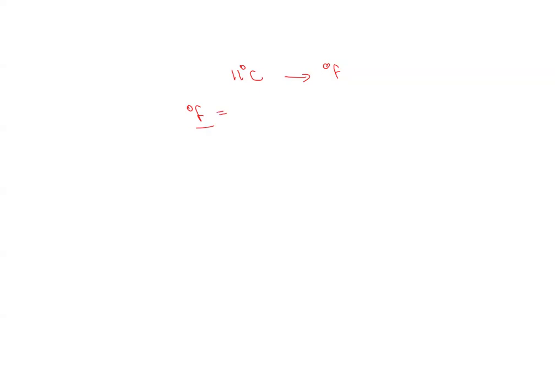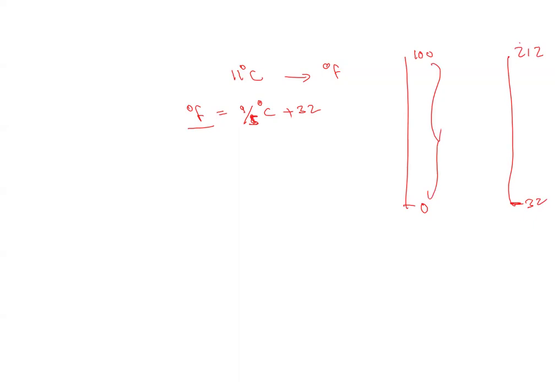To get the answer in Fahrenheit, it's centigrade times 9/5 plus 32. Why is it 9/5? Because there's a range here. Centigrade is from 0 to 100, and Fahrenheit goes from 32 to 212.